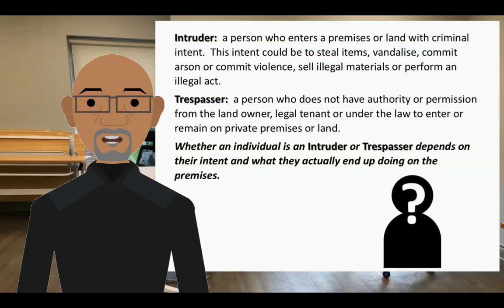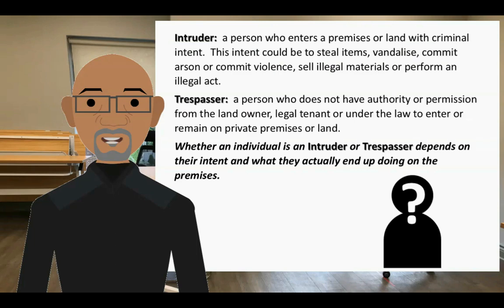Legally, an intruder is defined as a person who enters a premises or land with criminal intent. This intent could be to steal items, vandalize, commit arson or commit violence, sell illegal materials, or perform an illegal act.